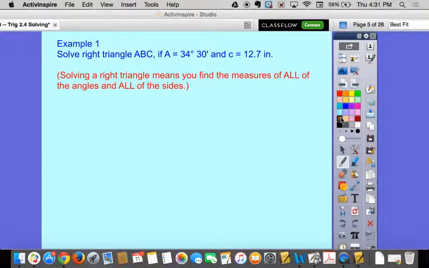Now for Algebra 3, we're going to take off these minutes because y'all didn't use those. We'll just use it with 34 degrees. So it says solve the right triangle, and you know that A is 34 and little c is 12.7. Now I'm just going to do one of these. It can have a different flavor if I just give you two sides. But to keep it simple, you're going to be able to use Pythagorean theorem.